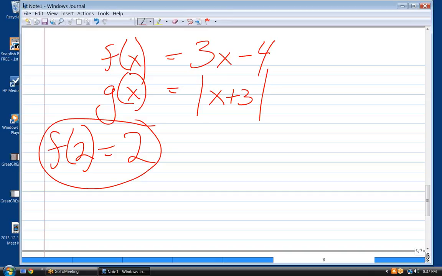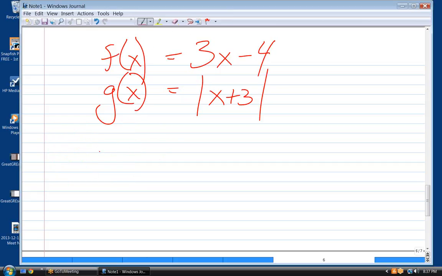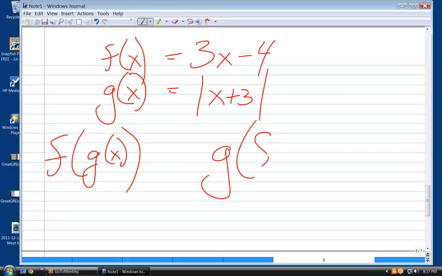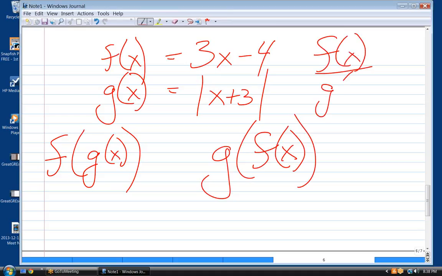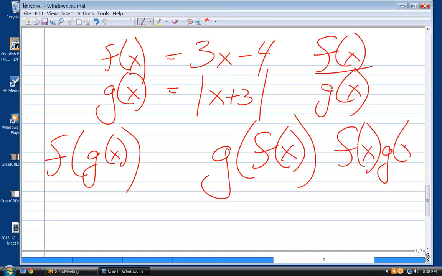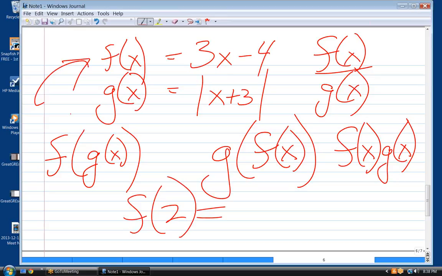Okay. That question doesn't make a whole lot of sense. There's all kinds of things they might want to know. They might want to know f of g of x, composite function. They might want to know g of f of x, another composite function. They might want to know f of x divided by g of x, or f of x times g of x. But to just ask about f of 2, we just plug in 2 to the f of x function only.